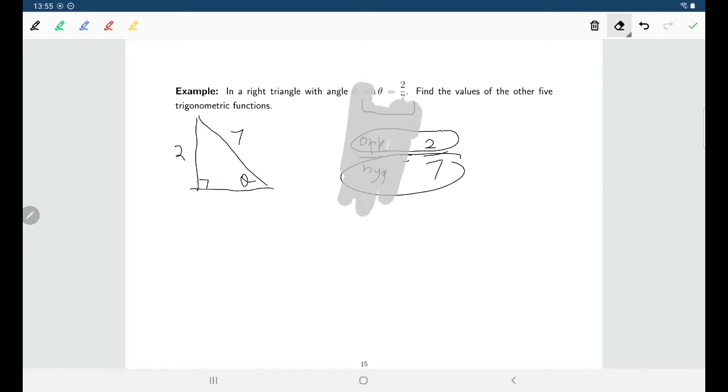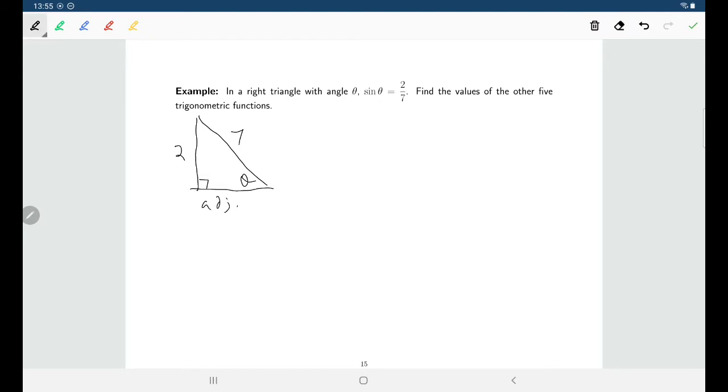And then that just means I have now only one side to find on this triangle, and that would be the adjacent side. And this is where, again, we're going to use our Pythagorean theorem. We know that the hypotenuse squared is the other two sides squared and added. So 49 is equal to 4 plus the adjacent side squared.